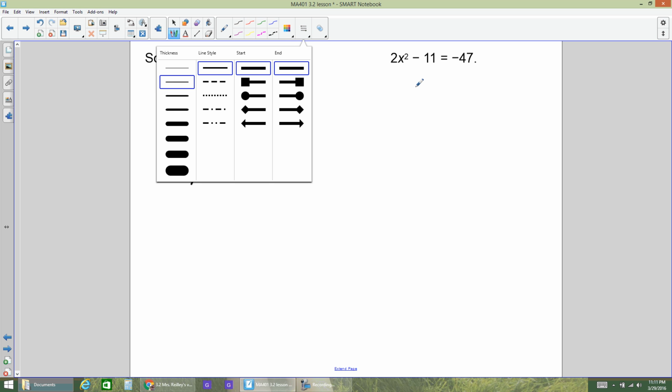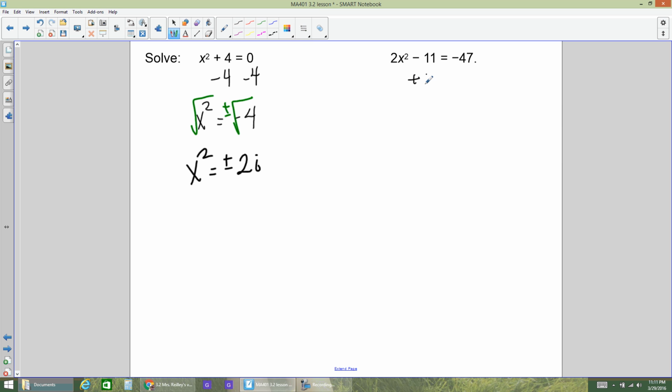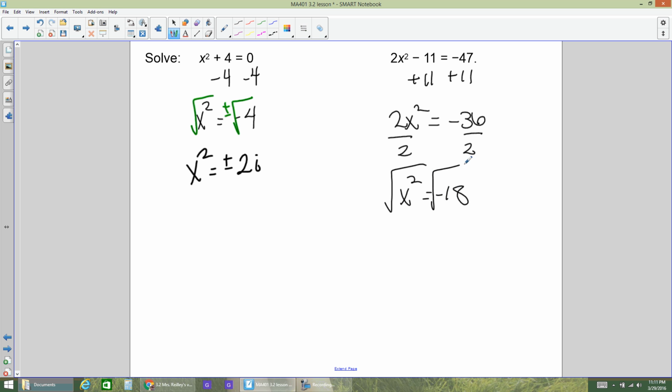Alright, 2x squared minus 11 equals negative 47, so I'm going to add 11 and get 2x squared equals negative 36. Divide by 2. Get x squared equals negative 18. Square root both sides with a plus or minus.